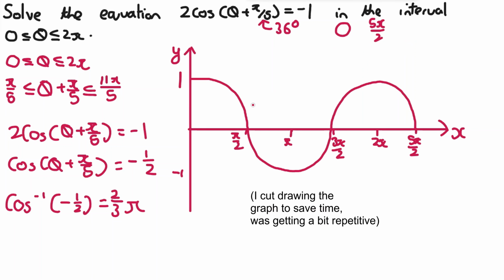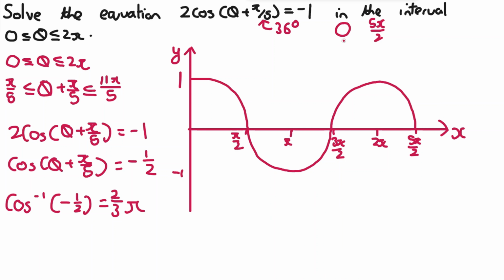Now, one really quick note I just want to make with this. I think the chance of this coming up is quite small because I think this is a horrible question they could ask. When you extend the interval that you sketch beyond what the actual interval is, you can get these really annoying answers where they look like solutions on the graph but they don't actually lie in this interval.